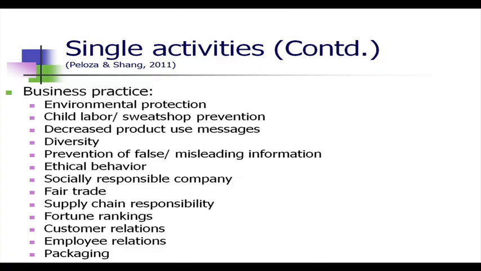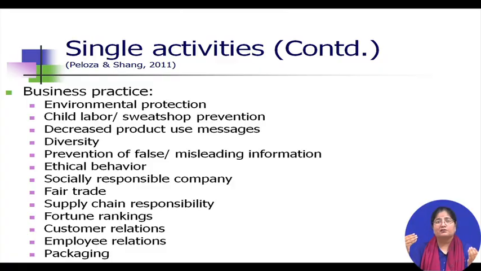Business practice related activities could include environmental protection, child labor, and sweatshop prevention. I'll show you something else that is not a single activity, that is more of a focused activity, but I'll show you that too in a few minutes. So, you could do something about child labor or prevention of sweatshops, decreased product use messages, diversity, inclusiveness.